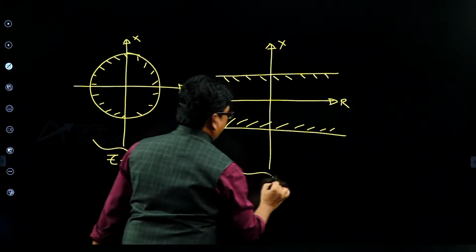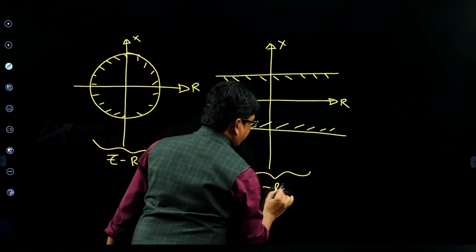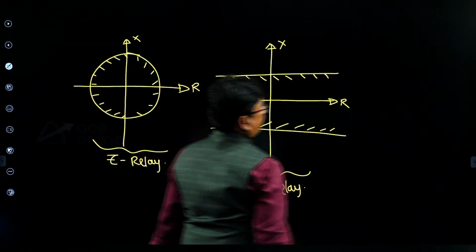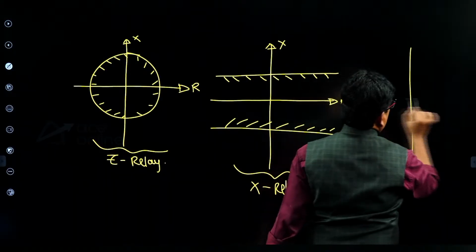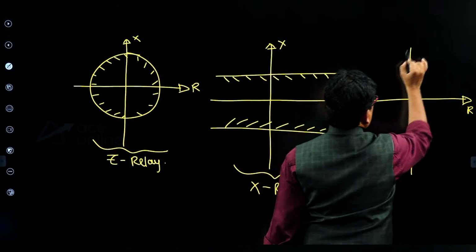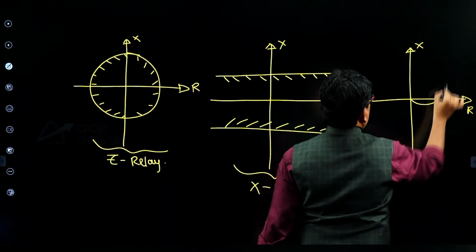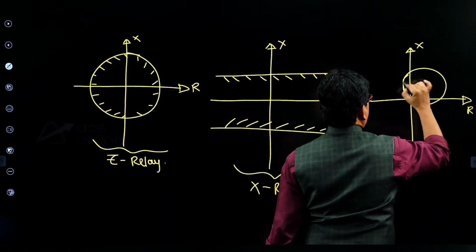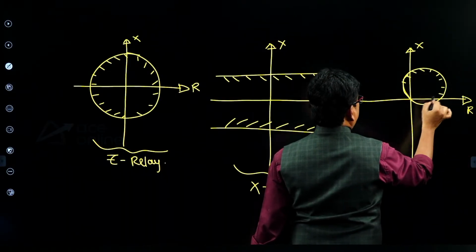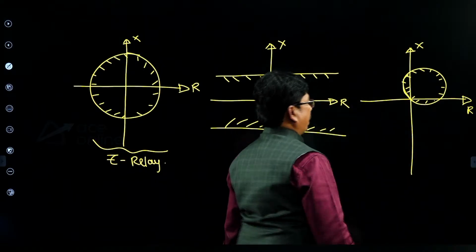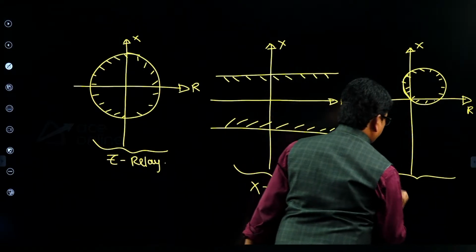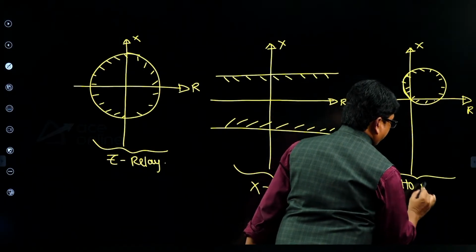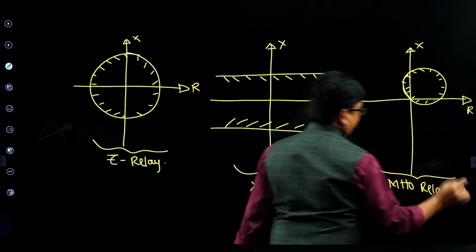This is for reactance relay, X relay. In the RX plane, the mho relay characteristic will be a circle passing through the origin. That is for mho relay.